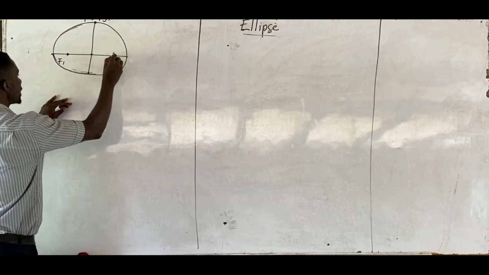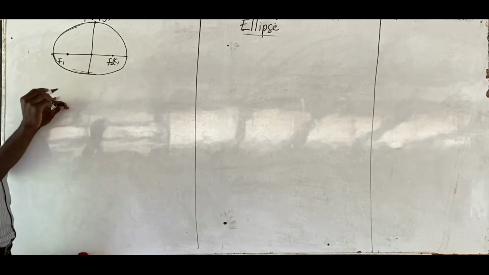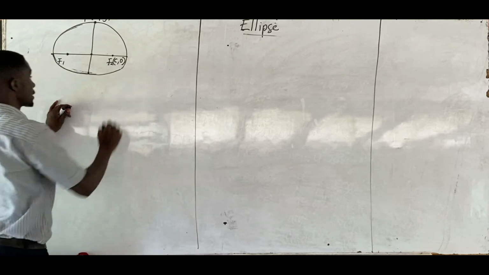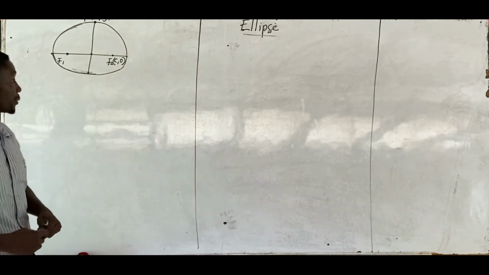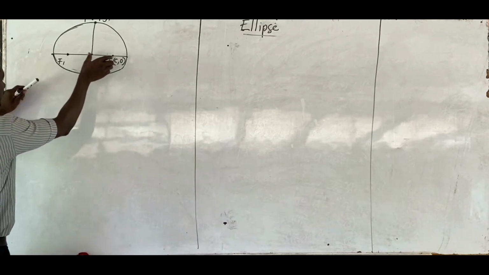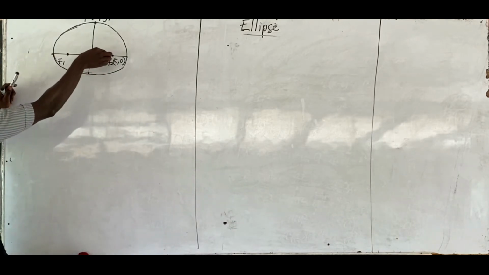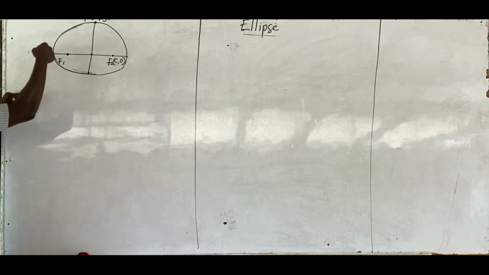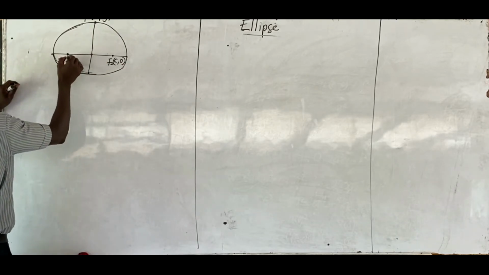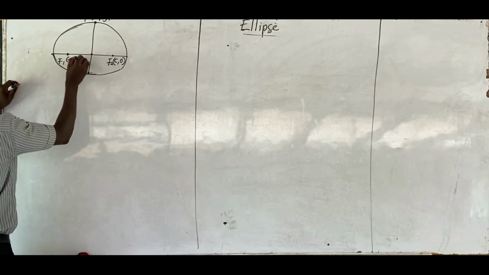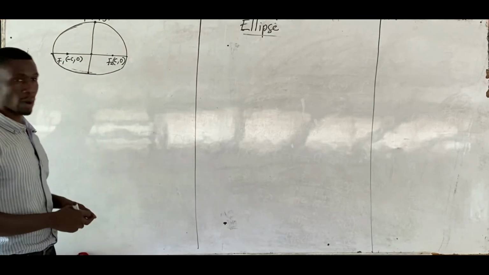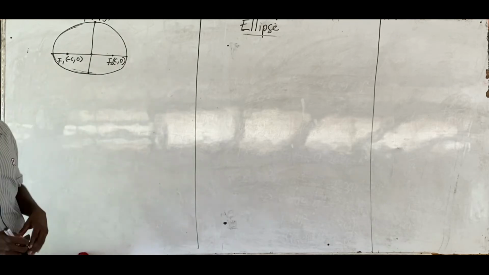The y coordinate there will be 0 because it is on the x-axis. On the x-axis, y is 0. And since f2 is on the opposite side, if you have 4 units here, the opposite side will be negative 4. So if here is c, the f2 here will be negative c, 0, because it is on the major axis.